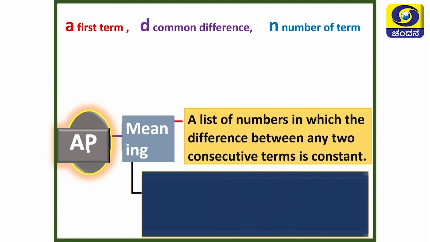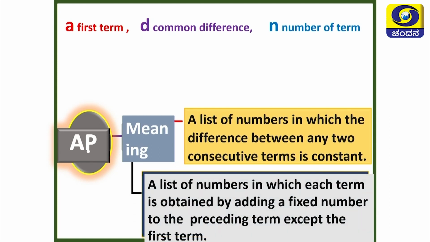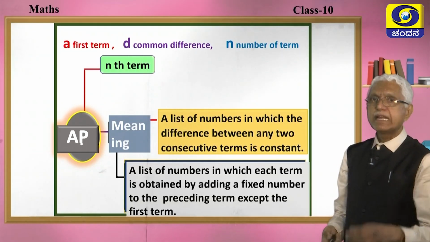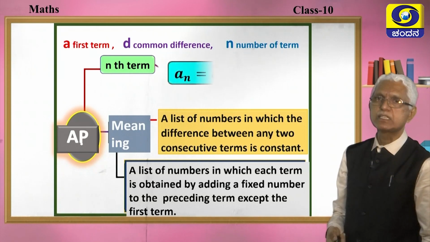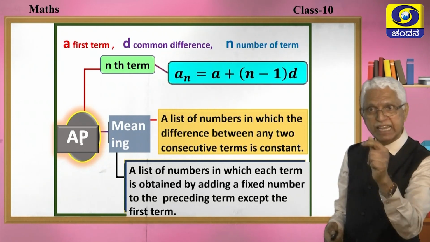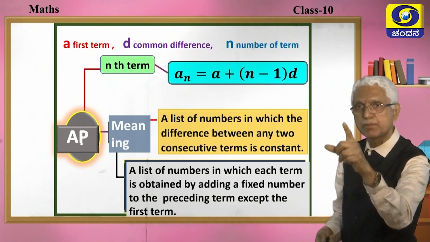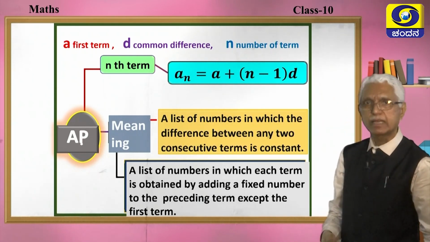Another way of defining an arithmetic progression, my dear children, is a list of numbers in which each term is obtained by adding a fixed number to the preceding number, correct, or to the preceding term, except for the first term. Okay, that is good. Then nth term of an AP is given by the formula an is equal to a plus (n minus 1) into d, correct, that is good.